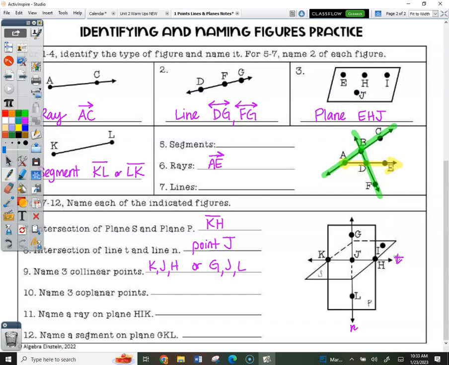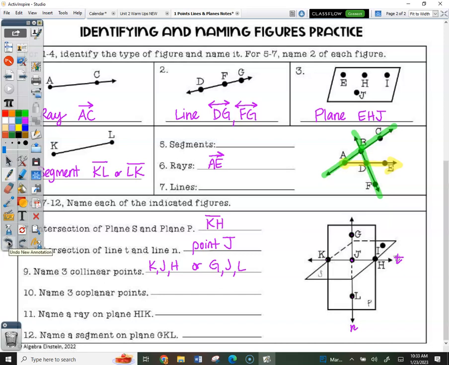The points that you just named, when they're collinear, because of where those lines are, they're also in those planes. So K, J, and H are all on this plane right here. So they're coplanar. And then G, J, and L are all on this plane. Okay?